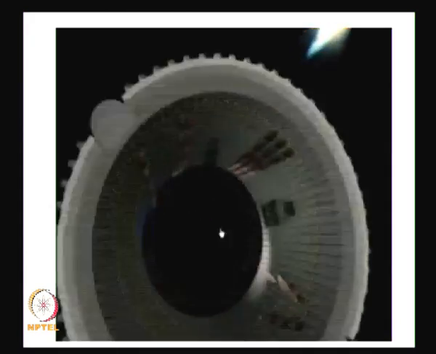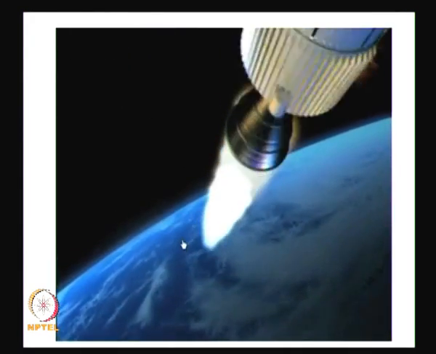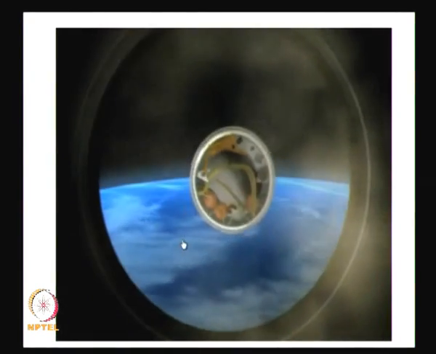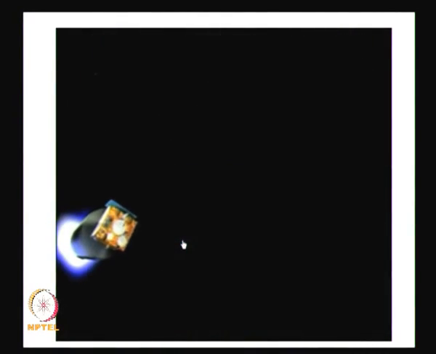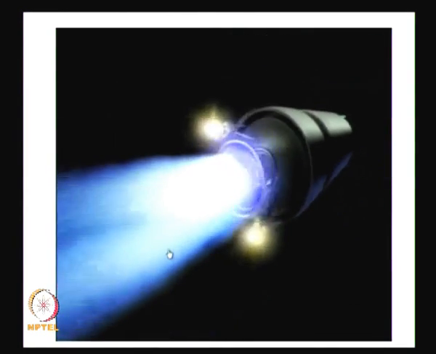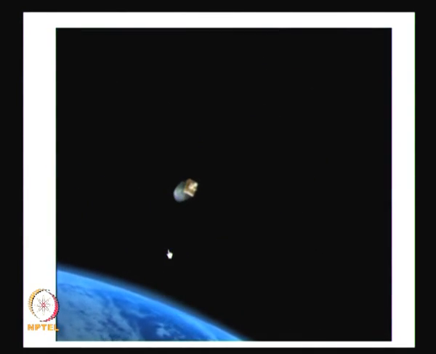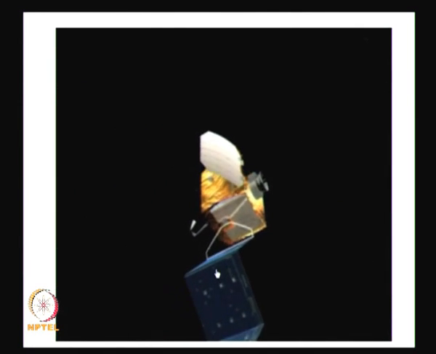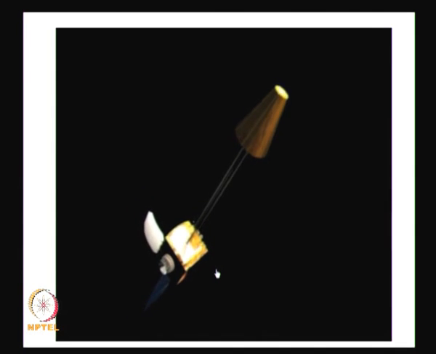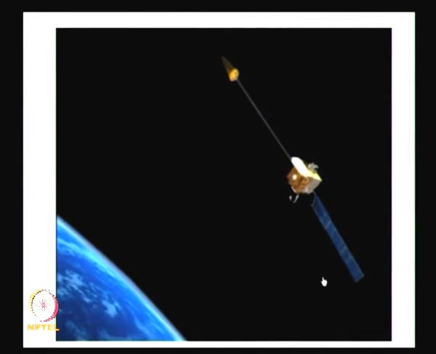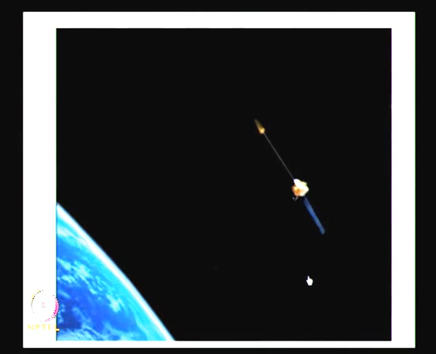Then the second stage fires, this is the interstage, then it keeps going further, then the third stage fires and it keeps going, and then after its task is over it gets separated, and then only the spacecraft is there, and once it reaches the particular orbit it deploys, and this is how you get the final vehicle which goes into orbit.